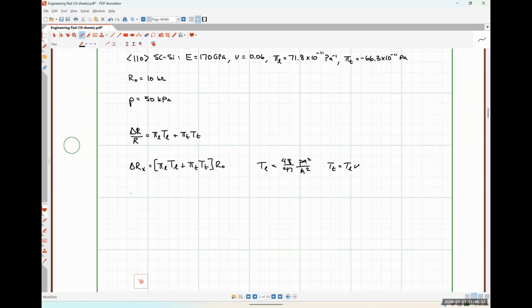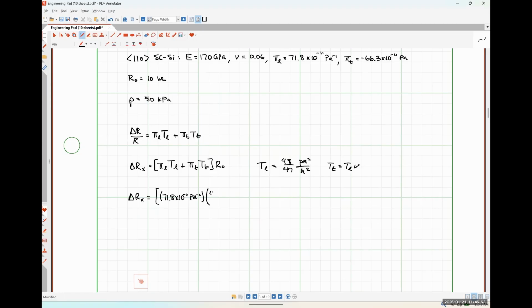So putting numbers into this expression, we would wind up getting the change in resistance for these horizontally aligned guys to be 71.8 times 10 to the minus 11 per Pascal. So that's just pi L times our longitudinal stress.